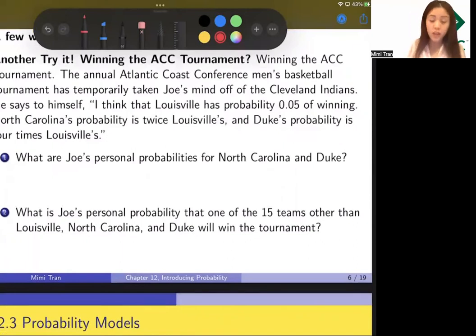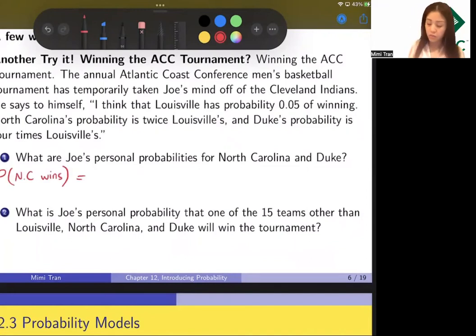If I write it in a statistical way, I'll write it like this. Probability, which you know as P, and inside parentheses is an event. So they're asking about the event that North Carolina and Duke will win. The probability that North Carolina, I'll say NC here, wins according to Joe's personal probability is what? Well, North Carolina's probability is twice Louisville's.